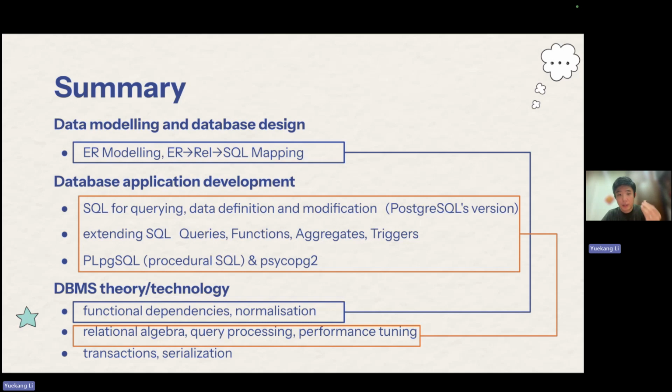By understanding relational algebra and how the queries are actually processed by the DBMS, we can optimize our queries. So this could help us in database application development, and that's why we need to learn this theory. So that's the overall roadmap of this course, and those are the key topics we have learned.